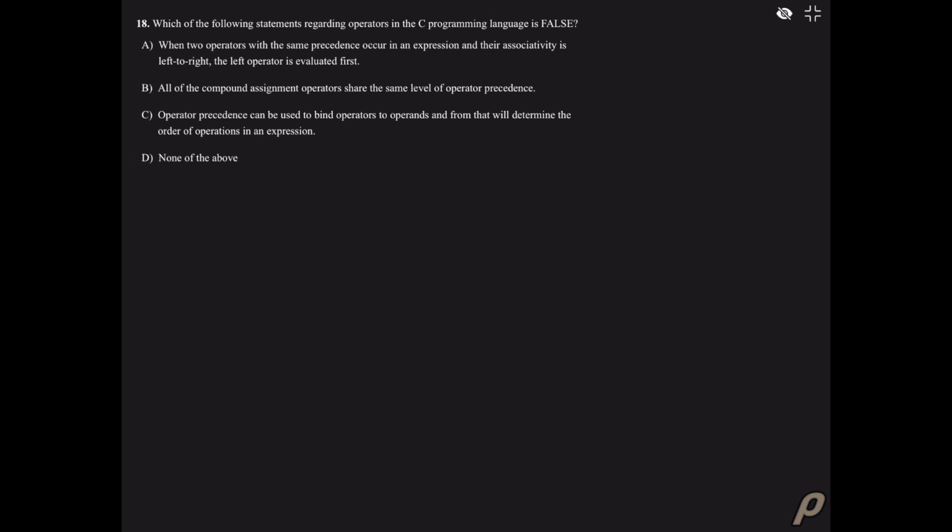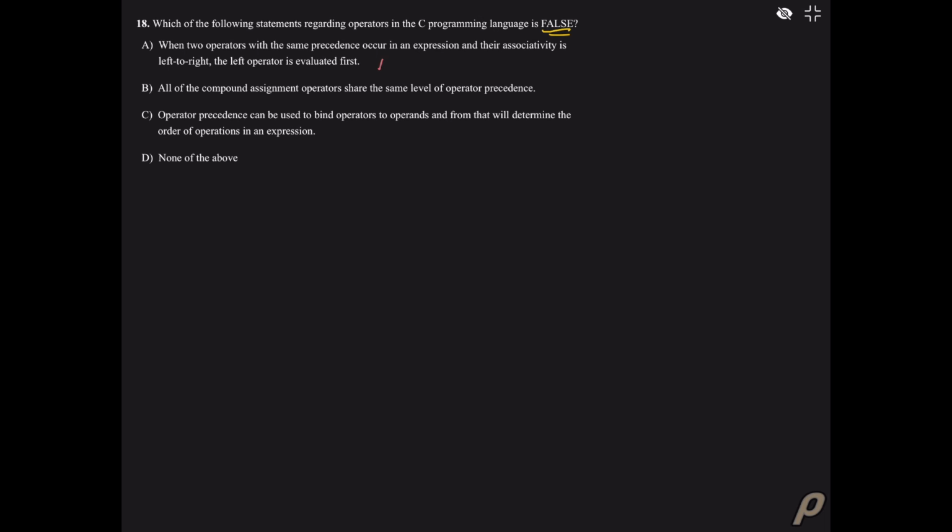All right, question 18, another true-false question, asks us, which of the following statements regarding operators in the C programming language is false? Make sure we pay attention to that falseness. And the first one, so we're talking about operators, says when two operators with the same precedence occur in an expression and their associativity is left to right, then the left operator is evaluated first. This is kind of just testing you on your knowledge of stuff you've learned in lecture.